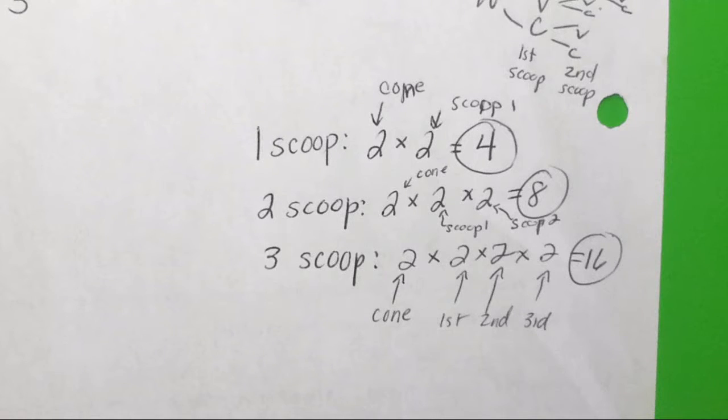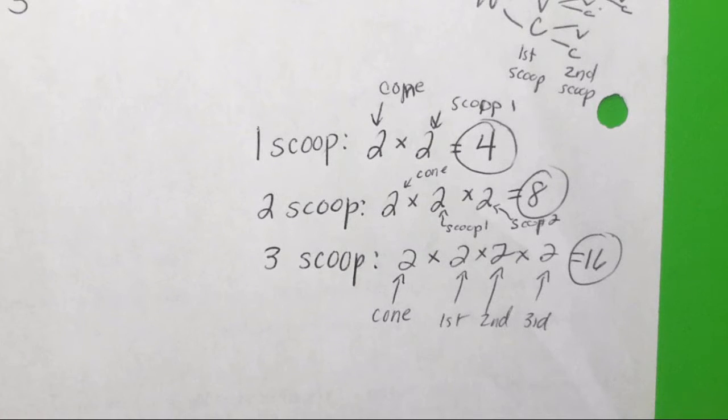Okay, so the difference is, you need to do the fundamental counting principle for each scoop. So you need to have a line for 1 scoop, a line for 2 scoops, and a line for 3 scoops, and then you add them all up. Because yes, I have a sugar and a waffle cone, and then vanilla or chocolate, so I have 4 options if I'm getting 1 scoop only. But if I'm doing 2 scoops, I've got my option for sugar or waffle, vanilla or chocolate, and then vanilla or chocolate again for that second scoop.